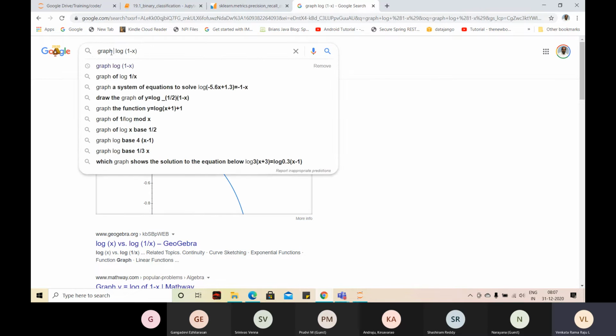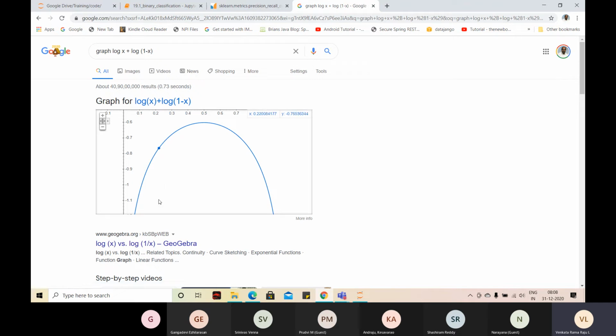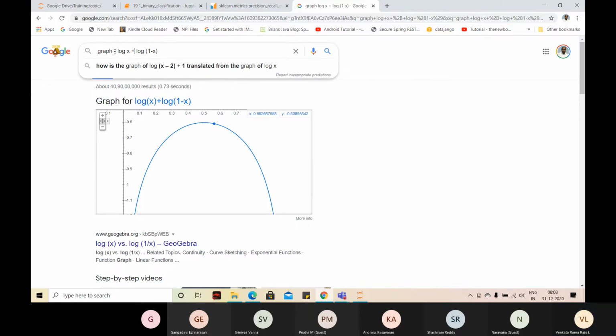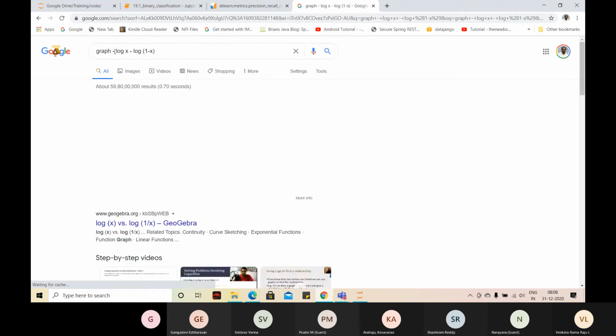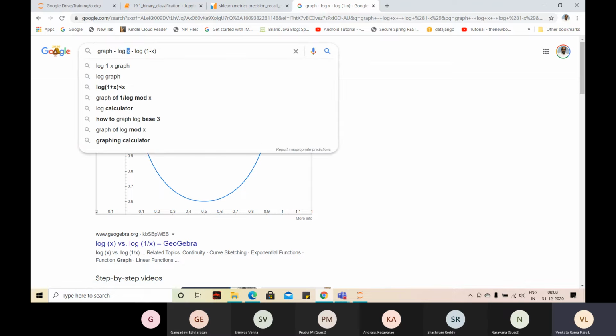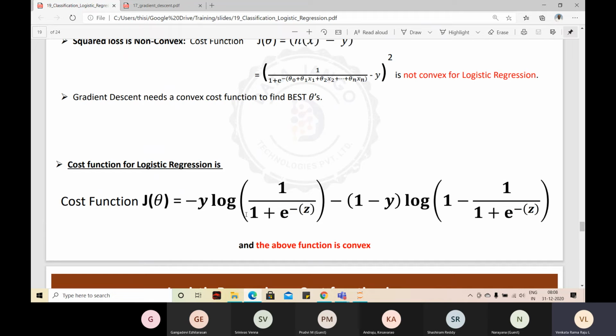If you sum up these two, you see that it's a concave function, not a convex function. If you apply negatives here, it becomes a convex function. So in place of x we will take h of x, the hypothesis function. Whatever x can be, the function is going to be convex. So for logistic regression, the cost function is changing because the gradient descent algorithm needs a convex function.